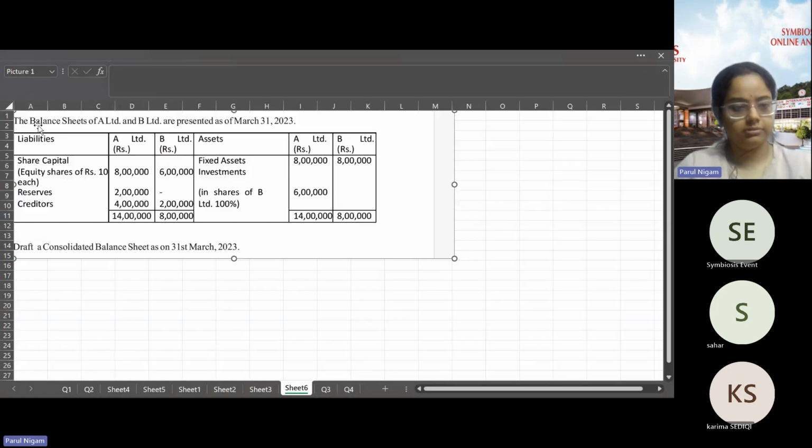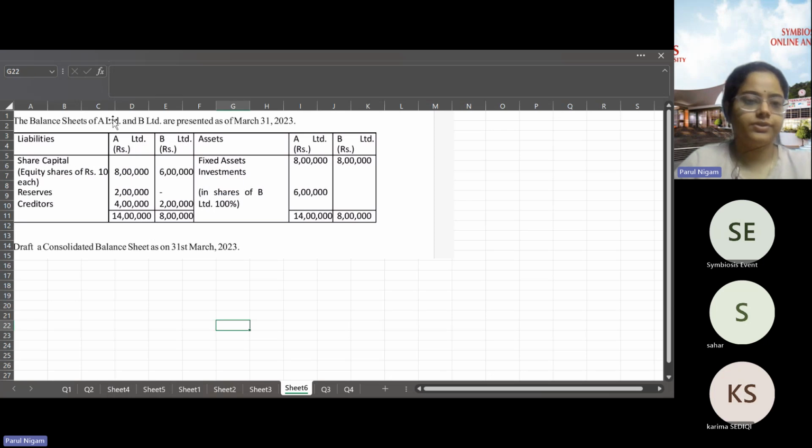Okay. So the balance sheet of A Limited and B Limited is presented as of 31st March 23. You can see liabilities and assets. Under assets, you have fixed assets and investments. A Limited has an investment in B Limited.